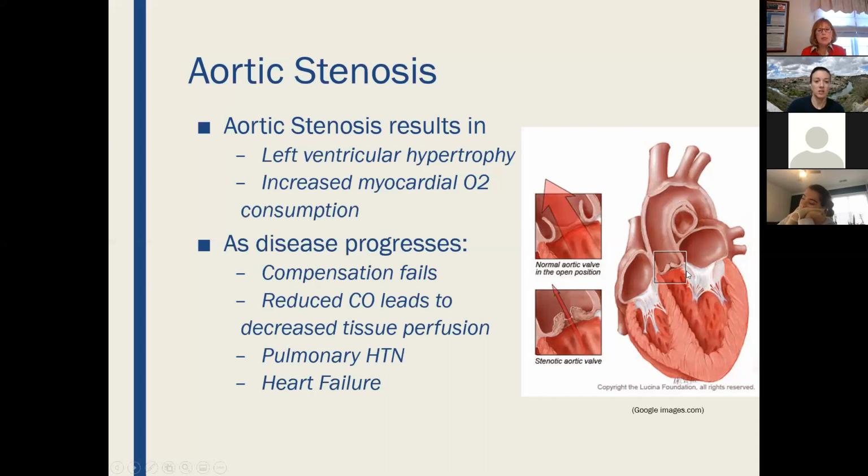So as the disease progresses, any kind of compensation fails, anything. So you have decreased cardiac output, which leads to decreased tissue perfusion, which is going to put your patient in cardiogenic shock. You have pulmonary hypertension, because the blood coming from this ventricle that's trying to get out through this valve can't do it.